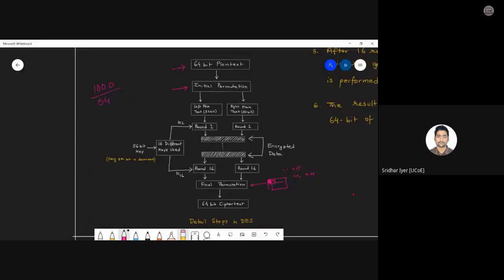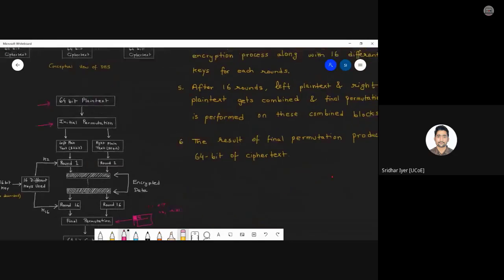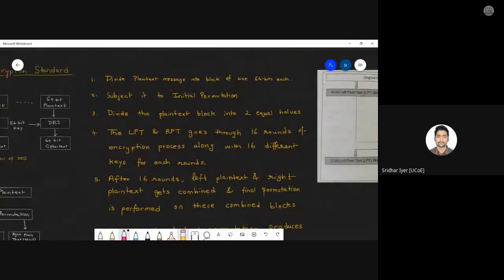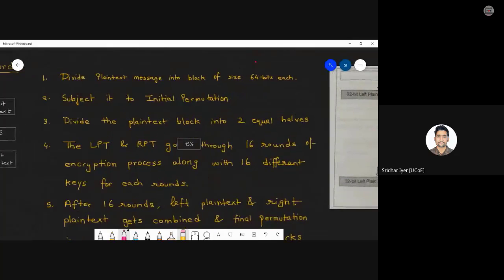Fine. The same thing I have summarized here. Just have a look. Divide the plaintext message into blocks of size 64 bits each. Subject it to initial permutation. Divide the plaintext block into two equal halves. LPT, the left plaintext, and RPT, the right plaintext, go through 16 rounds of the encryption process along with 16 different keys for each of the rounds.